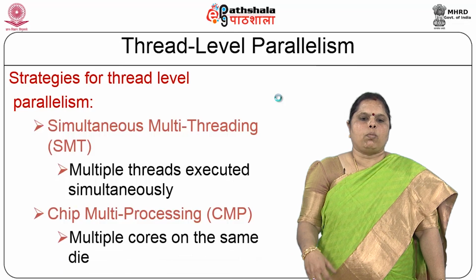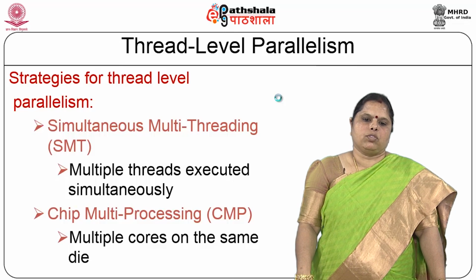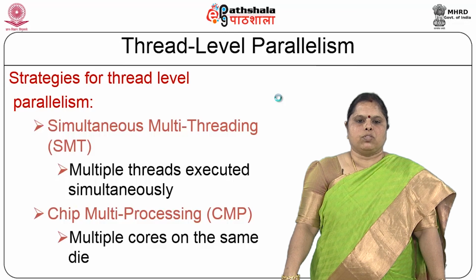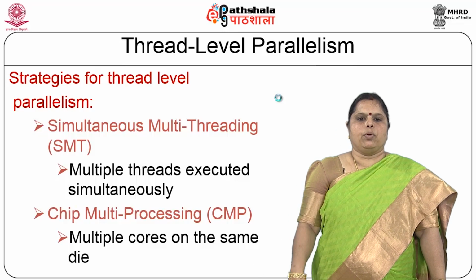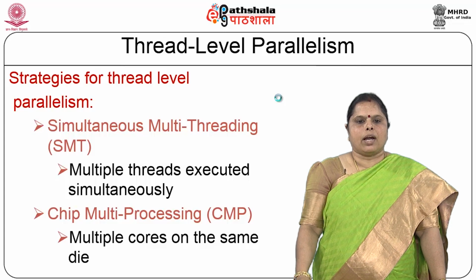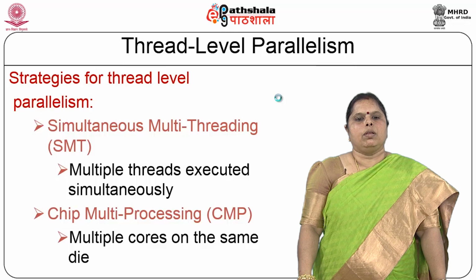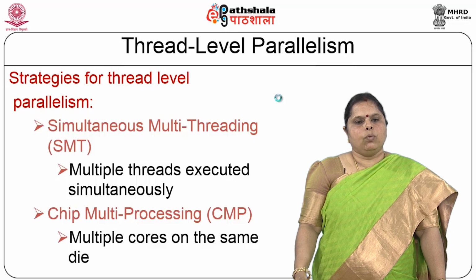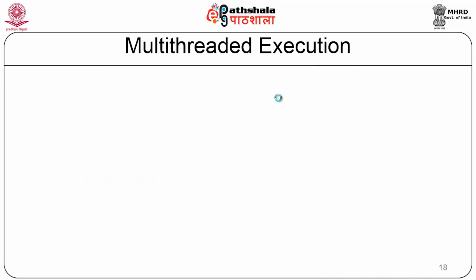Each core probably executes at least one thread of execution. So that way you have multiple threads of execution happening and you try to exploit thread level parallelism. Basically these are the two strategies for exploiting thread level parallelism, SMT and CMP, chip multiprocessing. We will discuss these two approaches in detail.